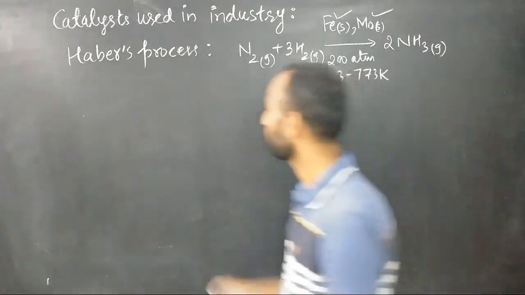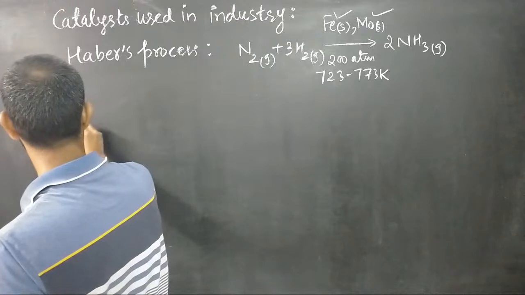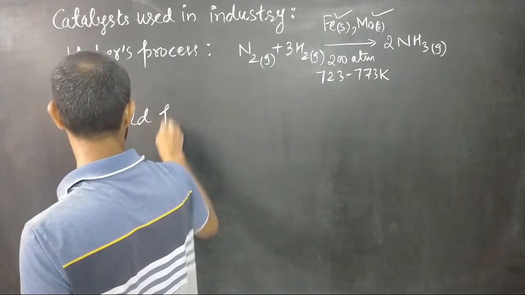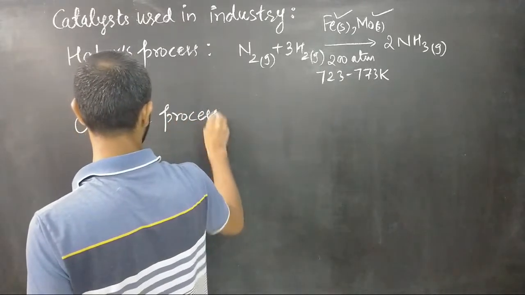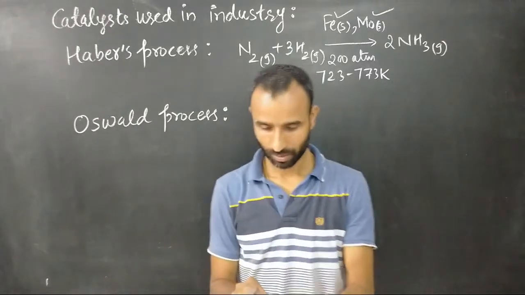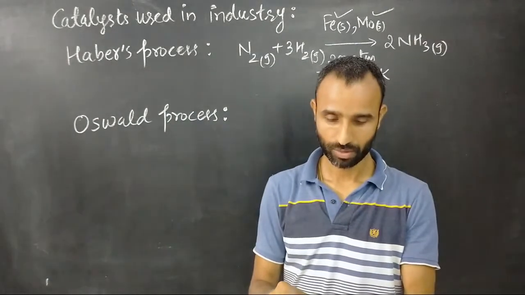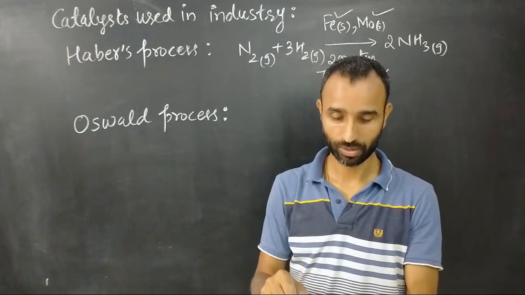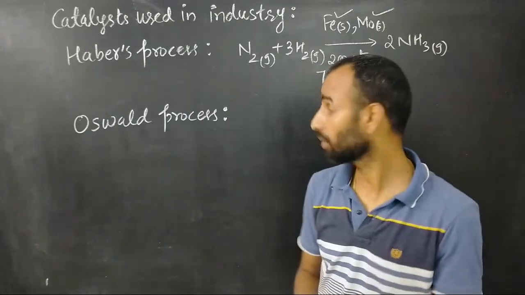Okay, now next one is Ostwald process. First tell me, Mo is molybdenum, used as promoter.